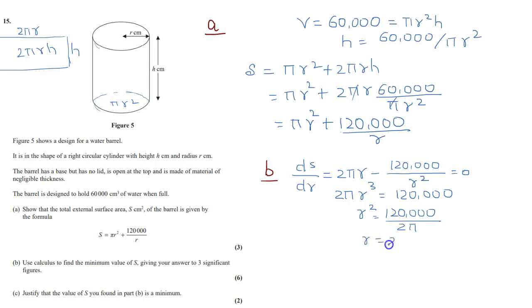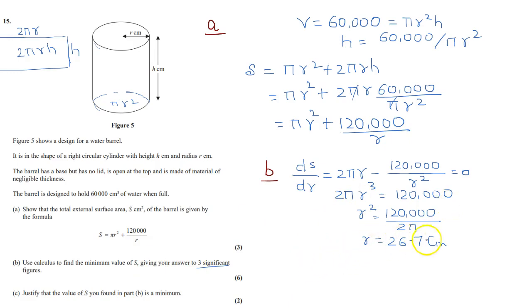So r is equal to 26.73009, which is 26.7 up to 3 significant figures. So that is the value of r.